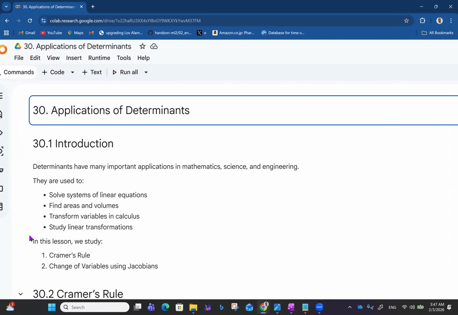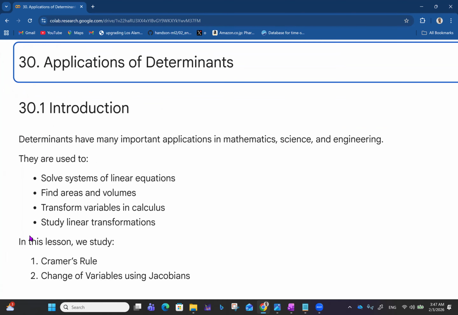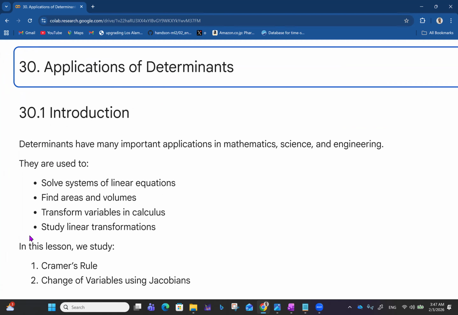Not like we won't have to mention determinants along the line still, but looking at determinants as a subsection of linear algebra, this is the fourth video, and then we'll talk about other things that we still relate to determinants. Even before we got here, we talked about them too, right? So, in the introduction, determinants have many important applications in mathematics, science, and engineering.